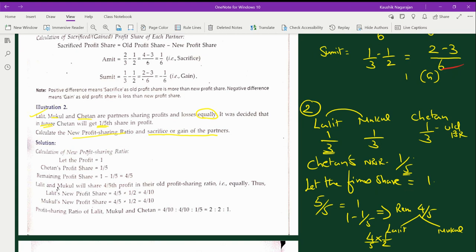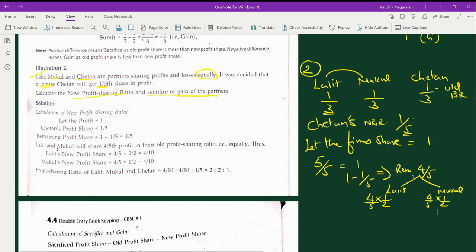So it is 4/5 into 1 by 2, and similarly for Mukul it is 4/5 into 1 by 2. When you calculate, you get 4 by 10 for each of Lalit and Mukul.